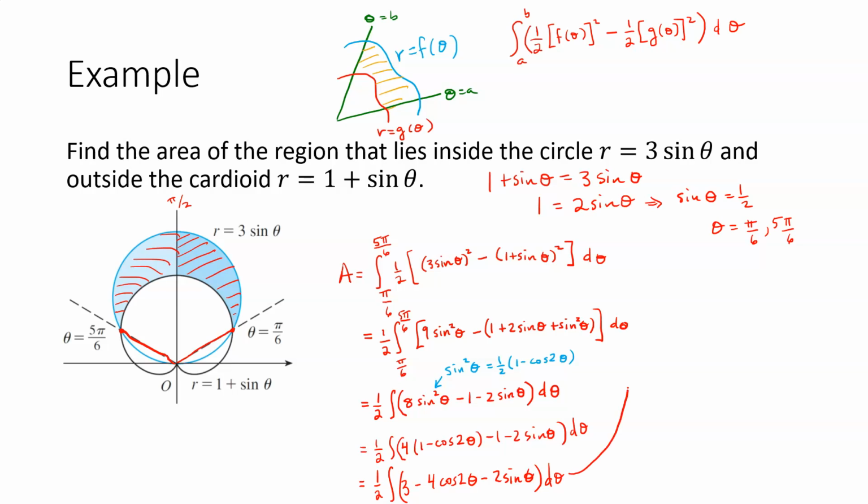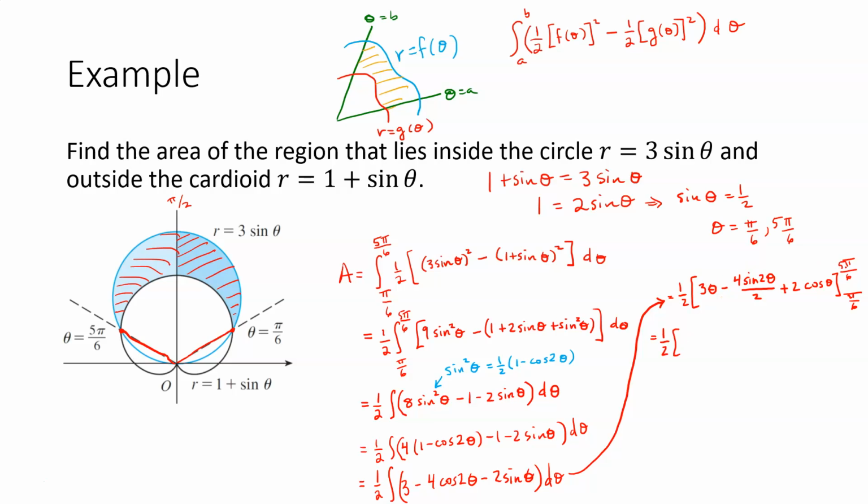So integrating, we get 3 theta minus 4 sine 2 theta over 2, minus, or I'll say plus 2 cosine theta, and then evaluating from pi over 6 to 5 pi over 6. Now a little bit of evaluating we have to do, but let's keep going.